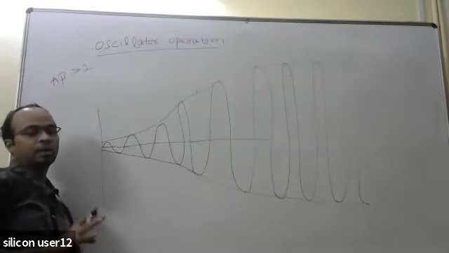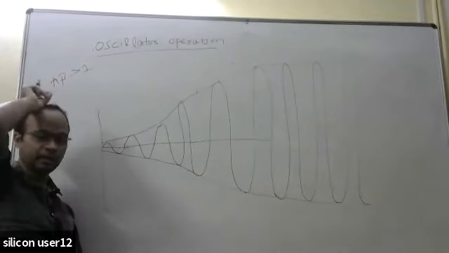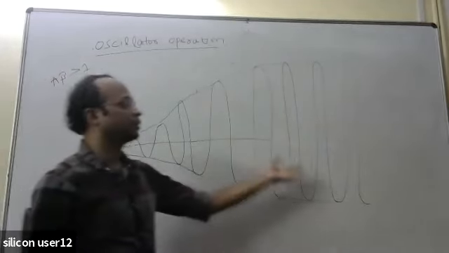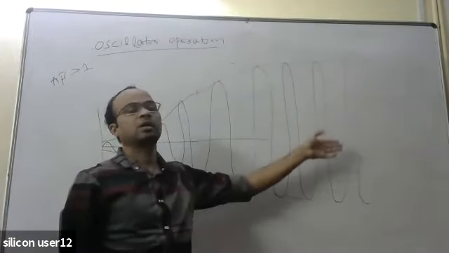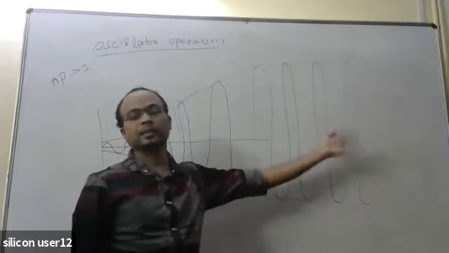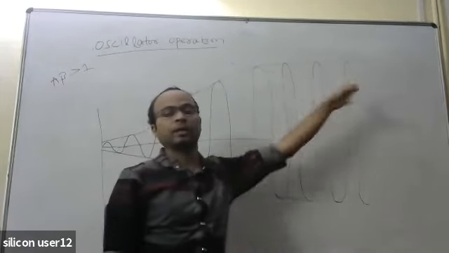That means though your A beta value has been chosen more than one, it is still not possible to get the output voltage increasing infinitely. It will increase up to a certain point, and after that it will be constant.